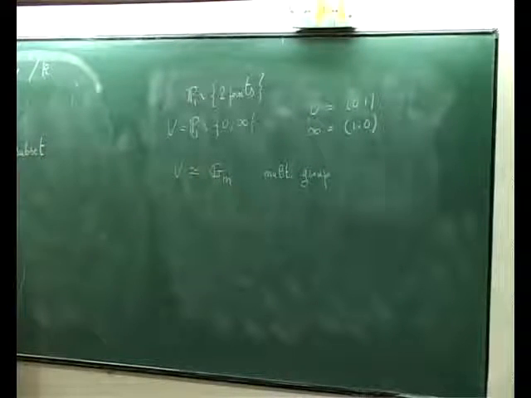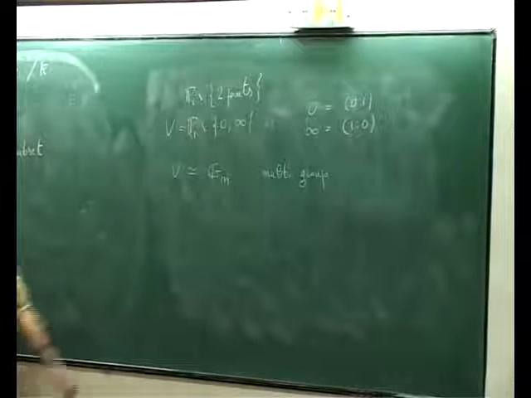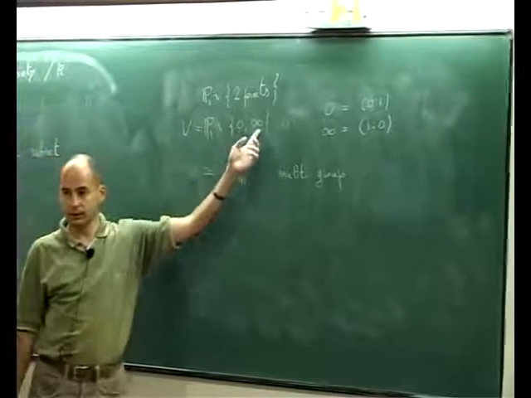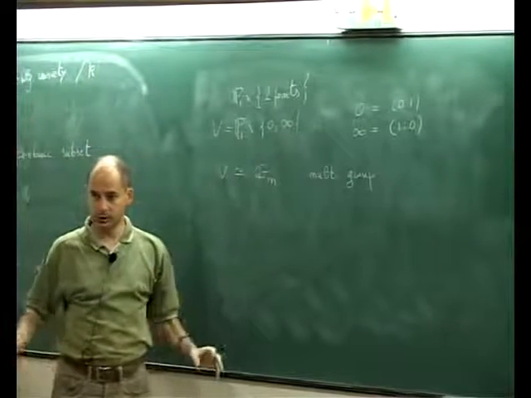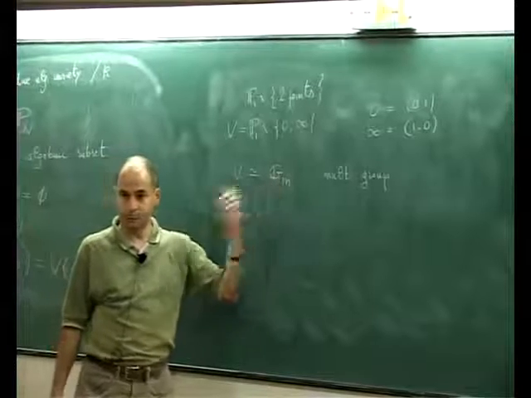The one-dimensional curves. So if you remove the infinity, you obtain the affine line. If you remove the origin from the affine line, you obtain the multiplicative group.